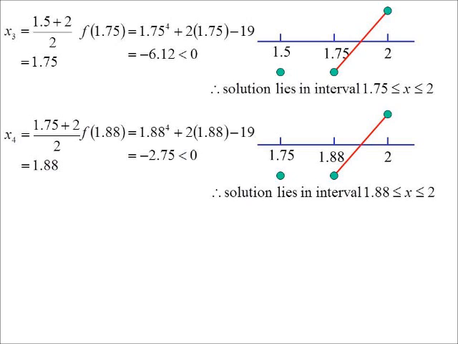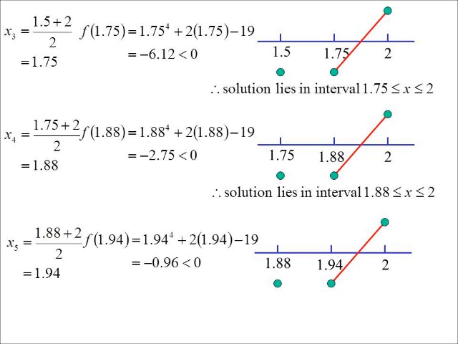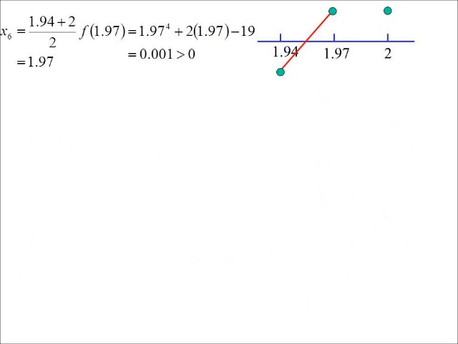Averaging those two gives 1.94. That turns out to be a negative value, so it's in between 1.94 and 2.